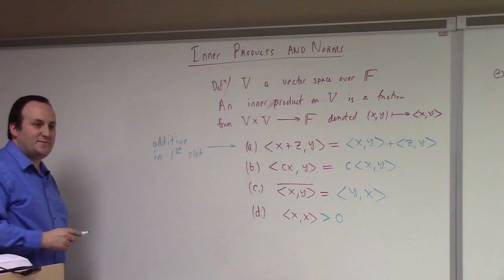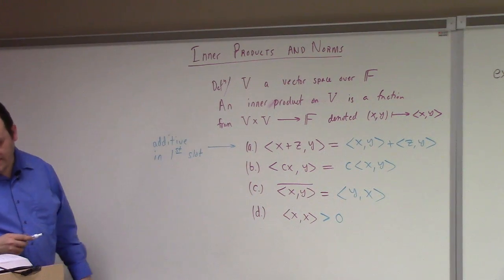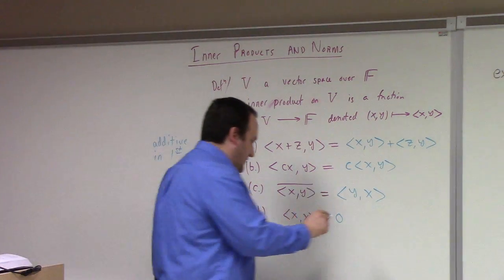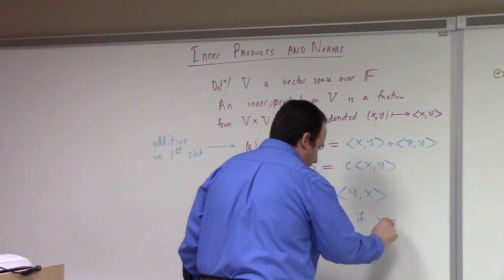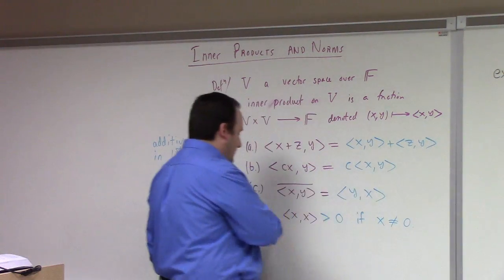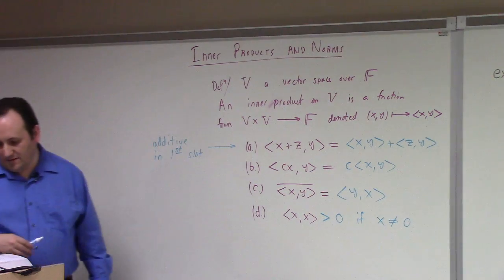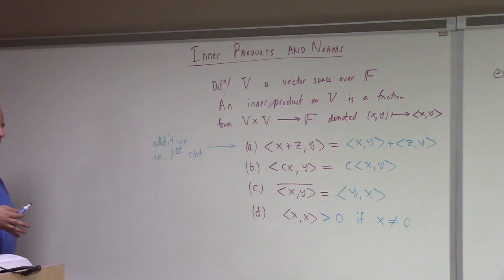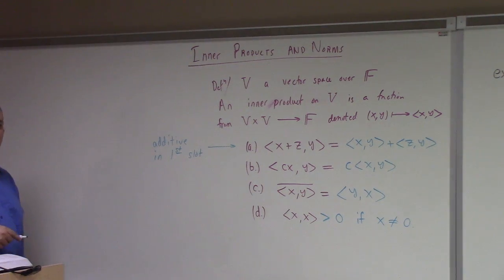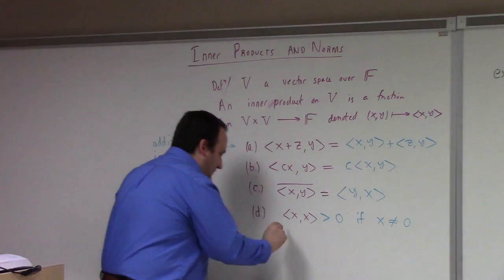So the inner product of x with itself is positive if x is not 0. There are other ways of stating the fourth axiom. Basically, the inner product of x with itself is 0 if and only if x is equal to 0, and the inner product of x and x is non-negative. I've seen a lot of different ways to state that. This is a pretty good way to state D. It's called positive definite. So this right here is positive definite.